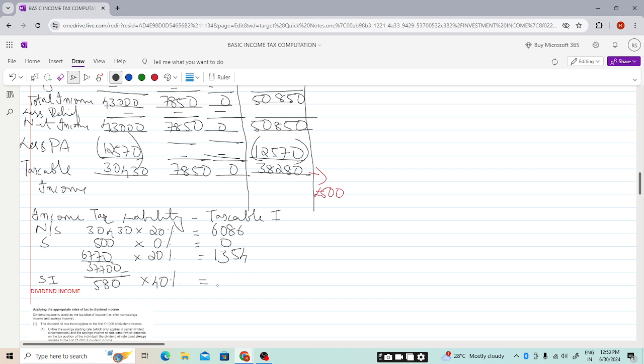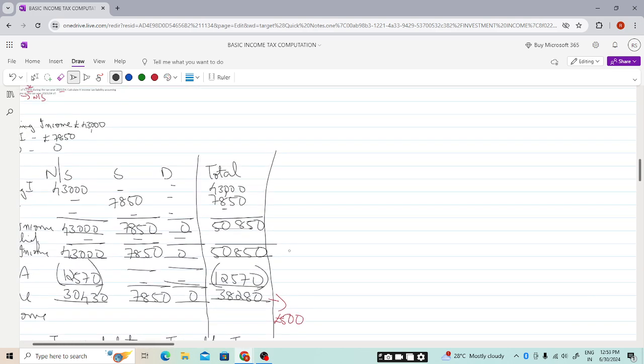What is the higher rate? 40%. So it will be 232. So our total income tax liability will be 7,672. Clear with this?